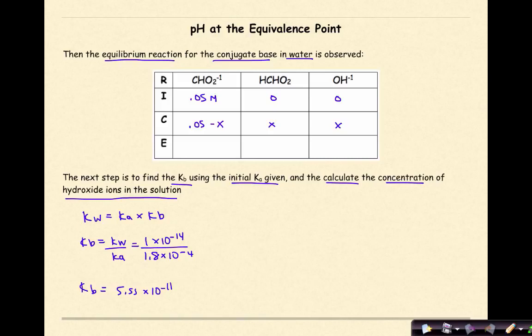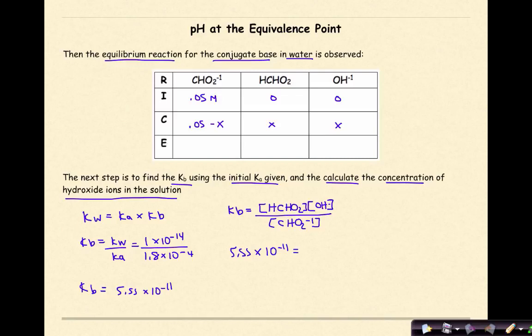So we're going to write our equilibrium expression using our Kb. So Kb is equal to our weak acid, HCHO2, times our hydroxide ion concentration, all over our conjugate base, CHO2 minus. Plug in our values, so we know Kb is 5.55 times 10 to the negative 11.